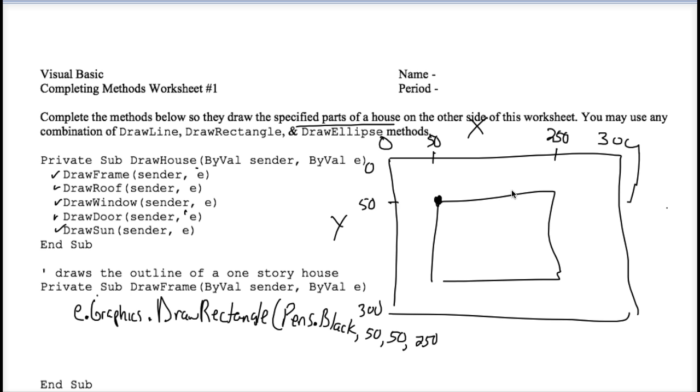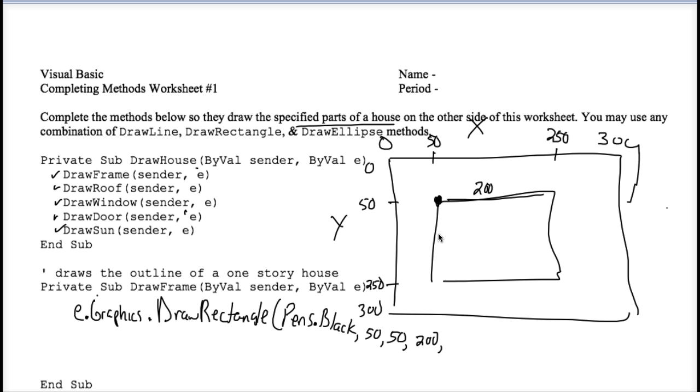The width would not be 250 if you started at 50 and went to 250 with this line segment. The width here would be 200 because 250 minus 50 is 200. So correct that mistake right there. I should have had the width of 200 typed in there for the draw rectangle method. And last of all, the height here, we'll just pretend that goes down to the point y equals 250.